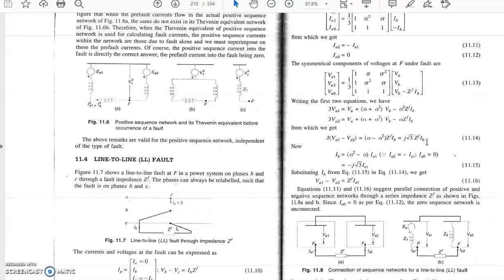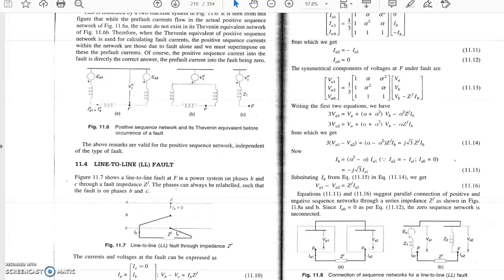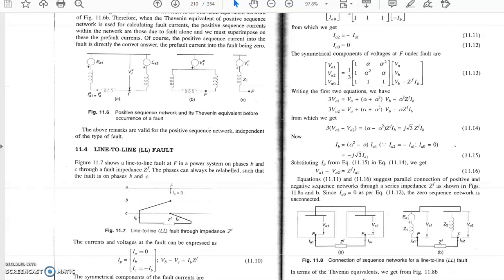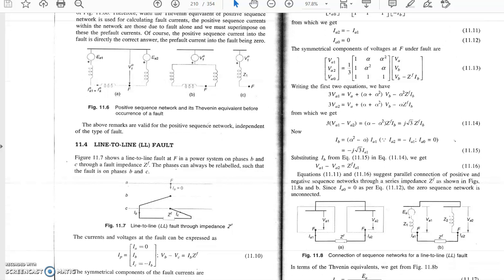And we can write the value of IB in terms of the symmetrical component. What is the value of IB? IB equals, in terms of IA1, IA2 and IA0: IA0 plus alpha square IA1 plus alpha IA2. So we put IA0 equal to 0, IA2 equal to minus IA1. So IB becomes alpha square minus alpha into IA1.